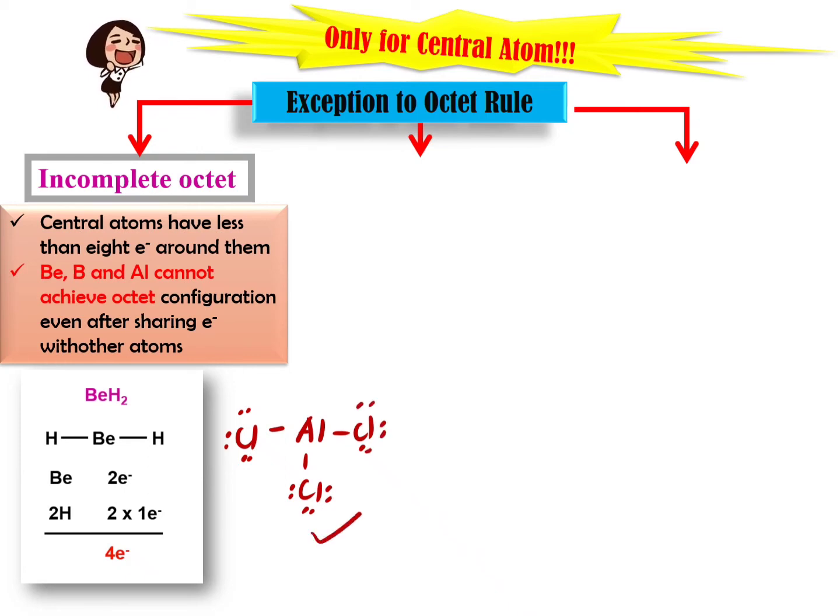So kalau you tengok pada aluminium, dia tidak octet sebab elektron keliling dia cuma ada 6 sahaja. 2, 4, 6. Okay, mungkin ada pelajar nanti fikir, madam, tak boleh ke ambil 1 elektron kat sini jadi multiple bond? Tak boleh, kelas. Okay, sebab aluminium tergolong dalam incomplete octet. Boleh faham? Jangan buat apa-apa double bond or triple bond.